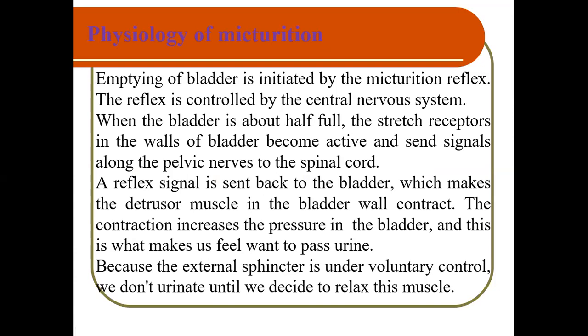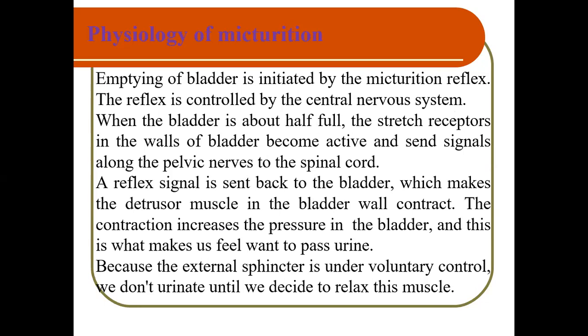Okay, now we come to the physiology of micturition. The emptying of the bladder is initiated by the micturition reflex. The reflex is controlled by the central nervous system. When the bladder is about half full, the stretch receptors in the wall of the bladder become active and send signals along the pelvic nerves to the spinal cord. A reflex signal is sent back to the bladder, which makes the detrusor muscles in the bladder wall contract.